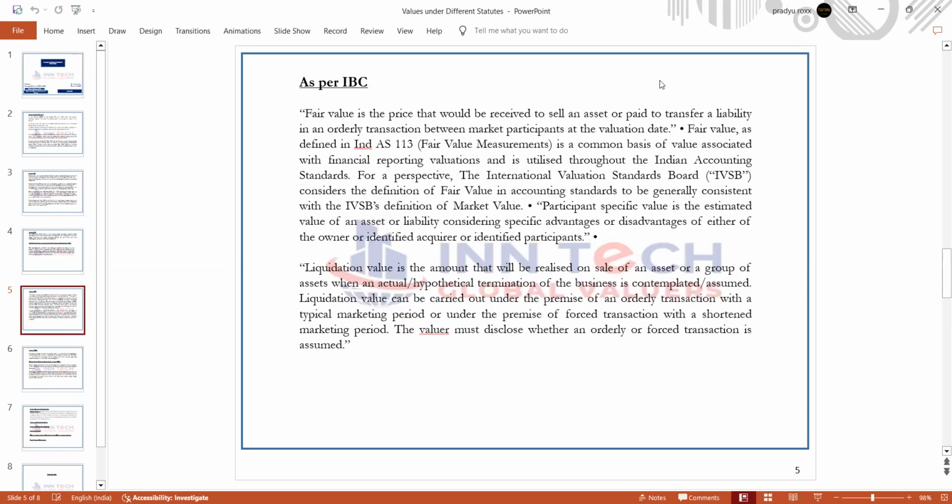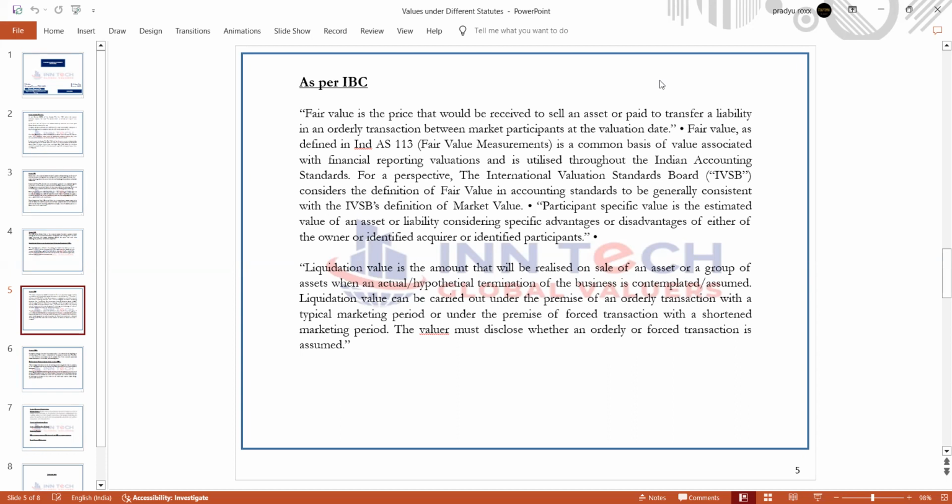Again, here in IBC, for companies under liquidation, there are two cases under CIRP, under liquidation. Under liquidation regulation 35, if the company is under liquidation, the IBC tells you to give a valuation as a realizable value. The realizable value is nothing but the liquidation value after deducting all the expenses which have to be incurred for selling the asset.